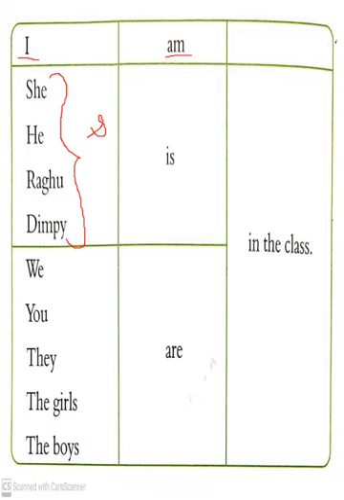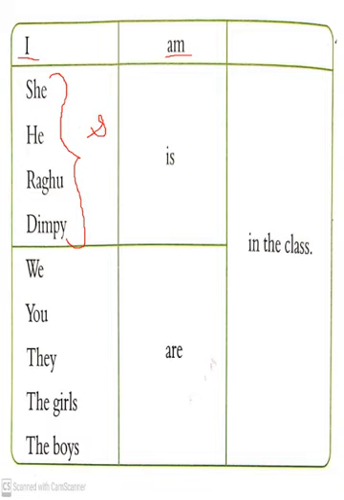Next, Raghu. Raghu is a name which is one in number. It is a special name. And with this special name, we are going to use is. Raghu is in the class. Dimpy. Dimpy is the name of a girl, and it is a special name, and it is one in number.